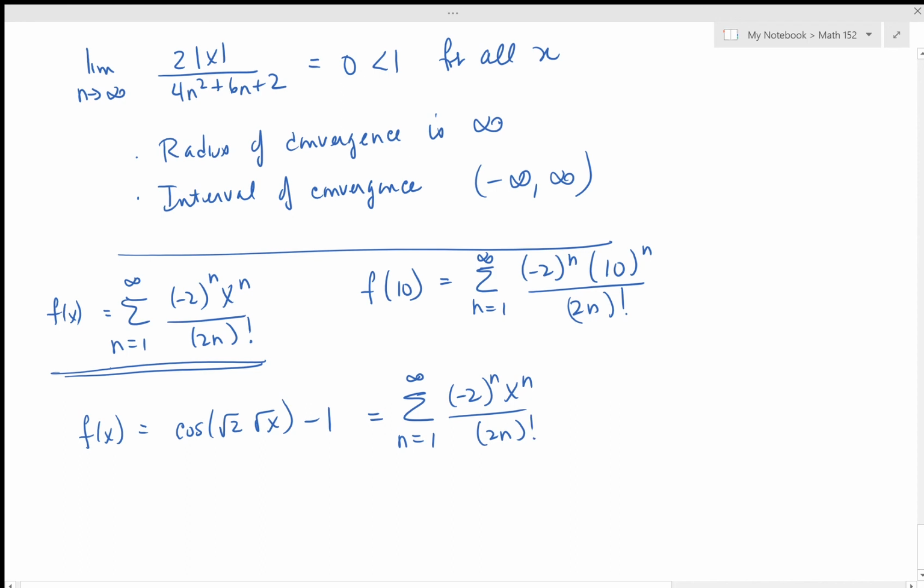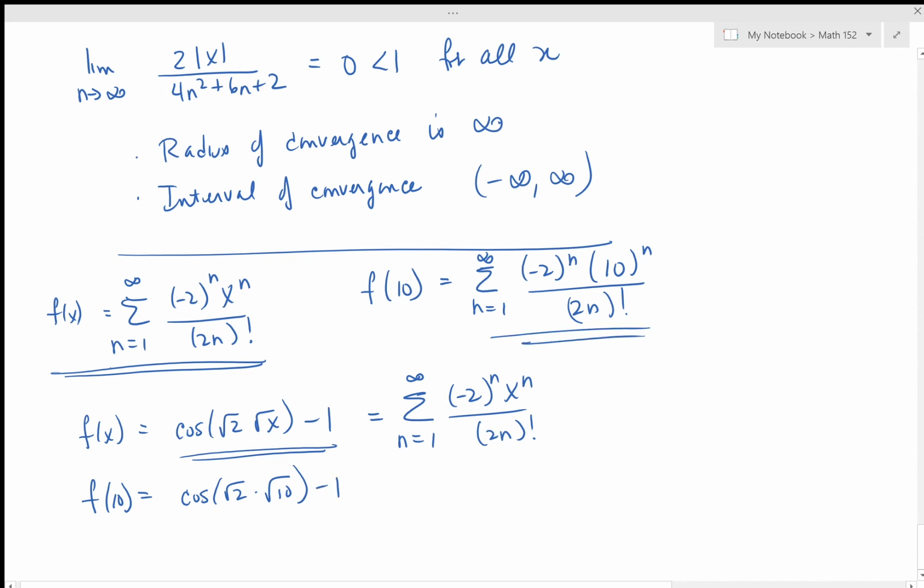So were I wanting to calculate f of 10 like I did earlier, I could go like this: cosine of square root 2 times the square root of 10, and then subtract 1. Or I could do this thing here.